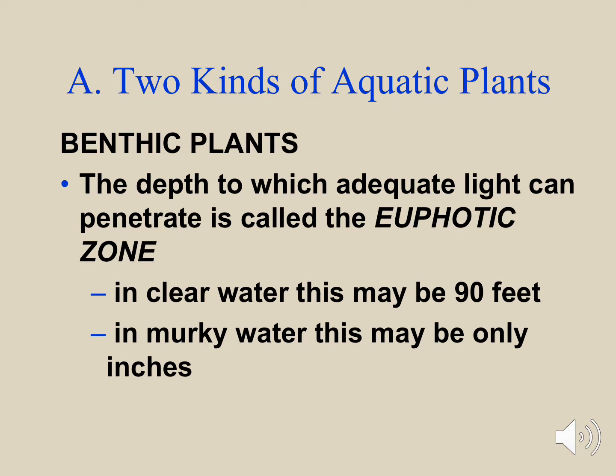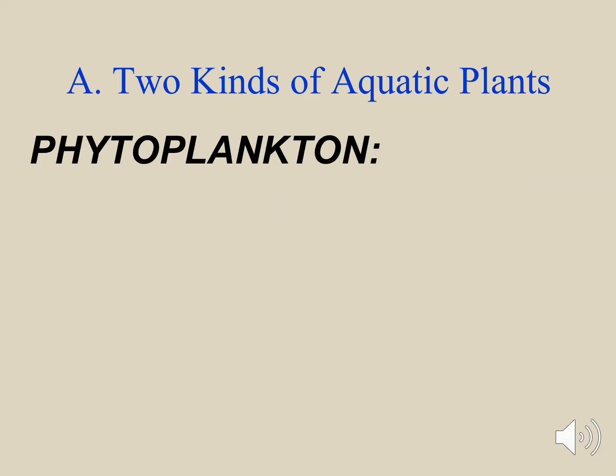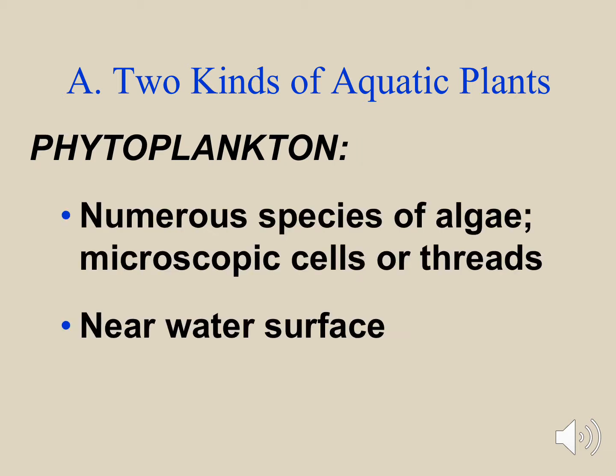Okay, the other important type of aquatic plant is phytoplankton. There are numerous species of phytoplankton that float on the surface of water in stagnant bodies of water. Numerous species of algae, a lot of them are microscopic cells or microscopic threads.